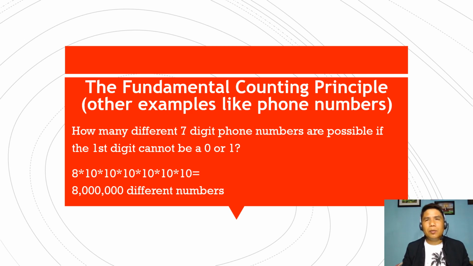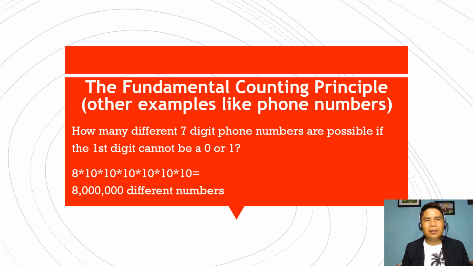Remember, if we use digits, we have 10 choices, as we mentioned a while ago, since it includes 0 to 9. So if we exclude 0 and 1, we can have only 2 to 9. That is composed of 2, 3, 4, 5, 6, 7, 8, 9, a total of 8 numbers for you to choose from for your first digit, and the rest you can choose from 0 to 9.